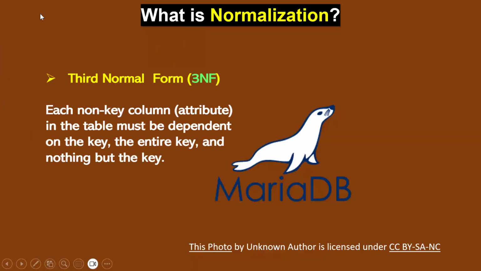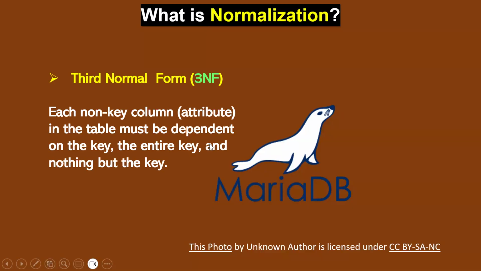Third normal form is similar, but it also says that each non-key column attribute in the table must be dependent on the key. We said the same thing in second normal form, but there we said the entire key. If the key is one or more fields, then it depends on those two, three or four fields, and nothing but the key.